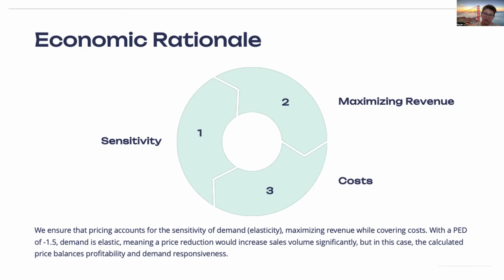When the PED is minus 1.5, the demand is elastic, so a price reduction would increase sales volume significantly. But in this case, the calculated price balances profitability and demand responsiveness. So here are the three key elements, and this is the logic behind the calculation and the economic factors.